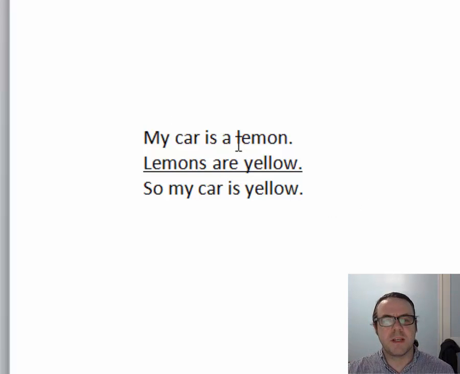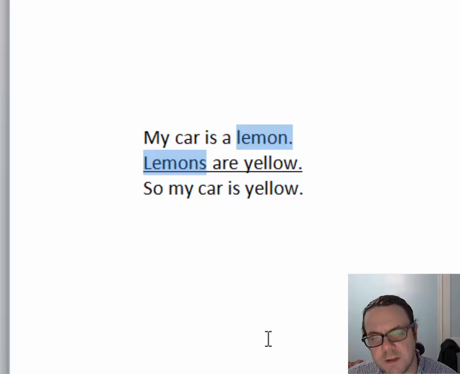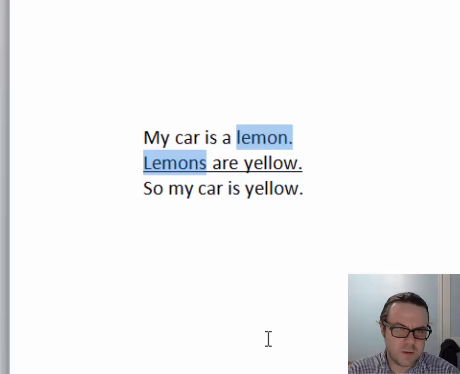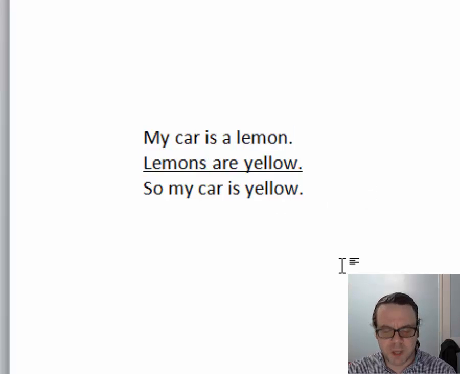And the problem is that in order for that to work, the two occurrences of the word lemon have to mean the same thing. If they did mean the same thing, it wouldn't be true both times, of course. So that's the problem with the argument. It's easy enough to spot this in a ridiculous case like this, but equivocation can actually be a pretty tricky fallacy.